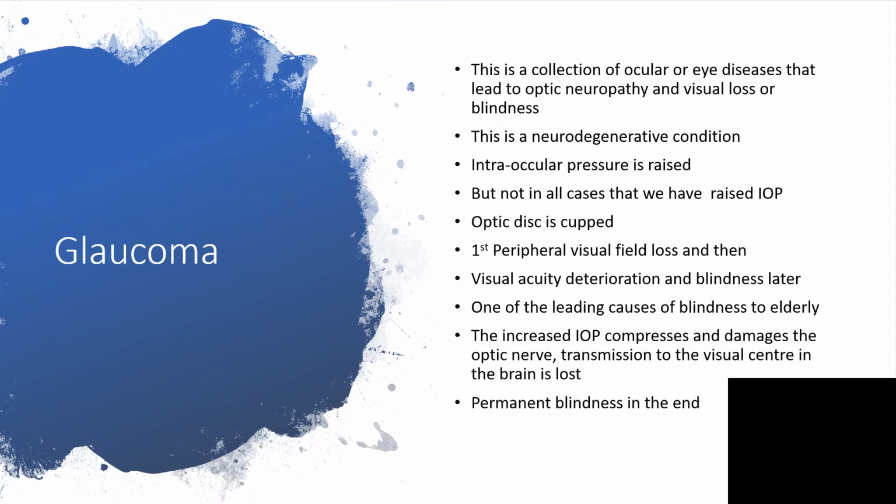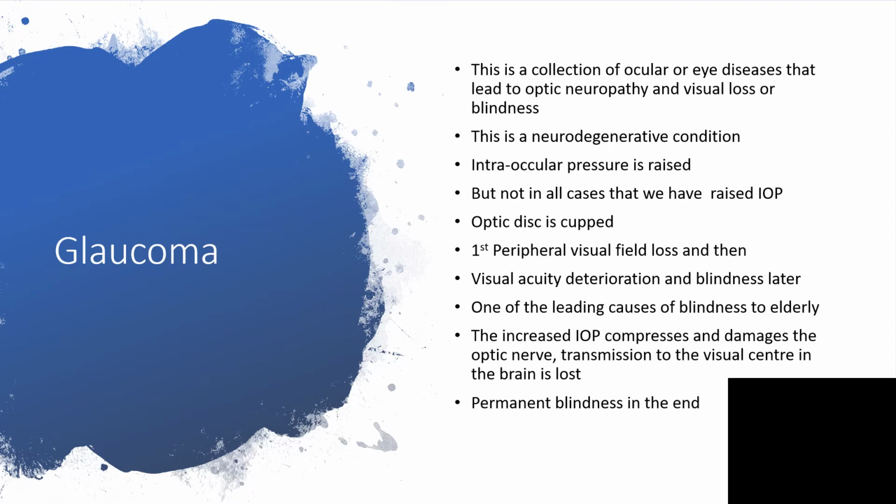That is, you won't be able to see objects coming from the sides, like you ought to if you don't have glaucoma. Then visual acuity will start dropping, and later on there'll be full blindness.